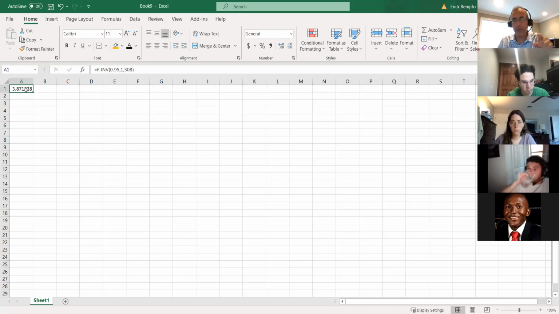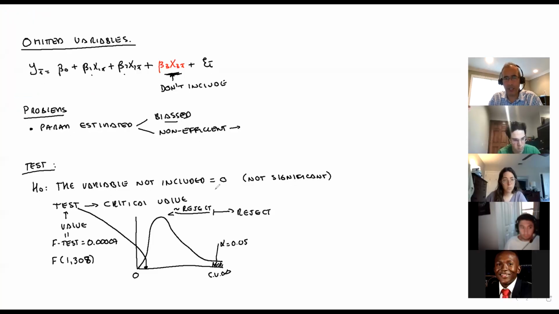So this 3.87 is the one that you have in here. My critical value here equals 3.87. Then what you do in the test is see that this is 0.000007, which falls in the non-reject zone. That's why you said fail to reject.